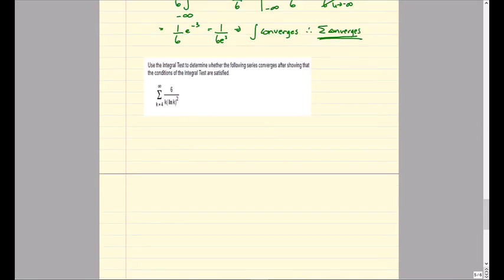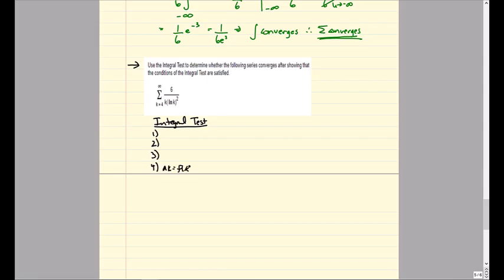So this one is another integral test. Now some of these have been converging and some have been diverging, so we have to make sure that we do all these checks. We can't just take some random guess at these. So again, we name the test. This will be the integral test. With the integral test, I have to show continuous, positive, decreasing, and then that a sub k equals f of k.